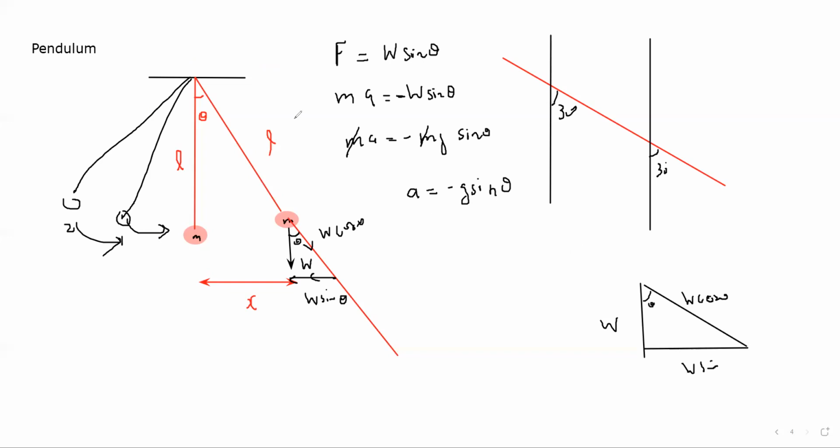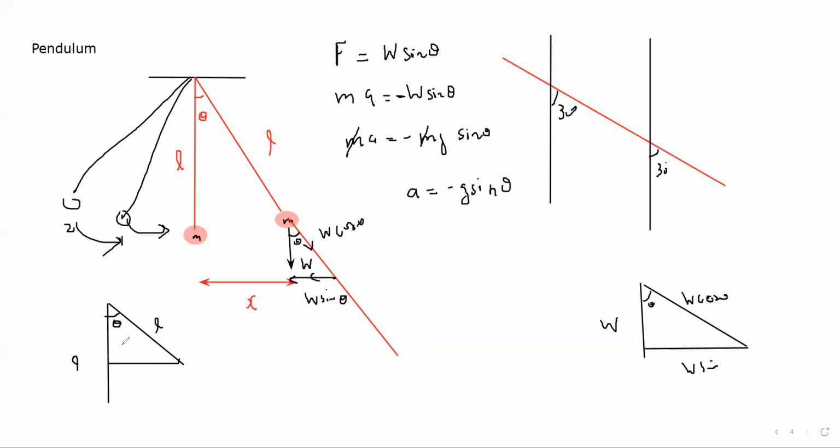So what I can do is simplify this sin theta. Here we know this is L, theta is there, and this is the displacement from the mean position. I'm making a triangle with this.